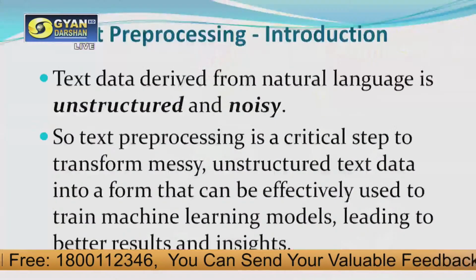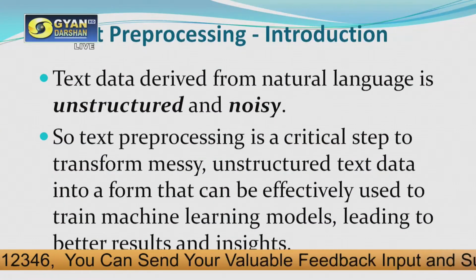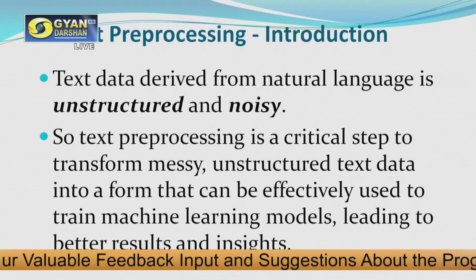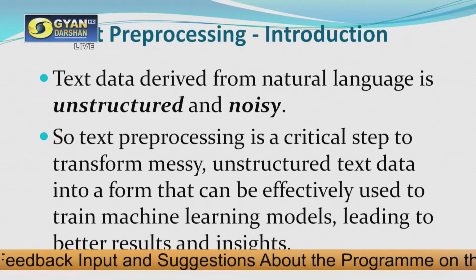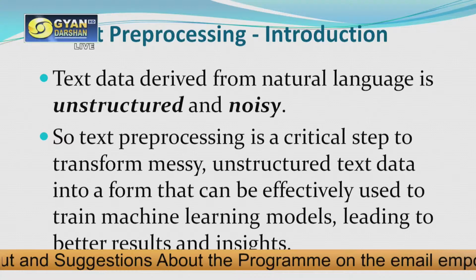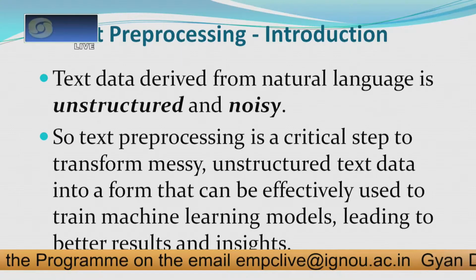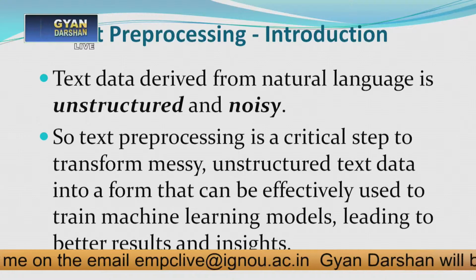However, when it comes to text, how do we reduce the noise in the text that is derived whenever we speak or hear natural language? So text pre-processing is a critical step in order to transform the noisy, unstructured text data into a format that can be effectively used to train machine learning models, leading to better results and insights. So this is the significance of text pre-processing.